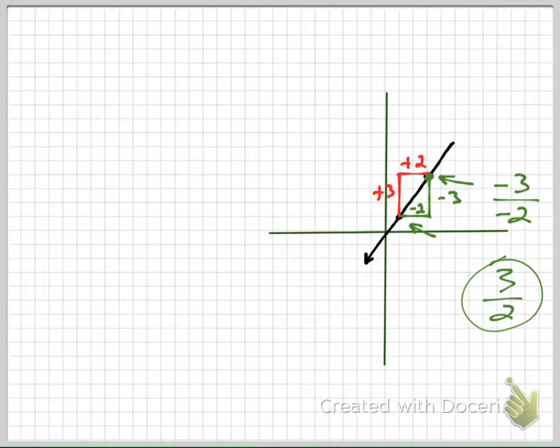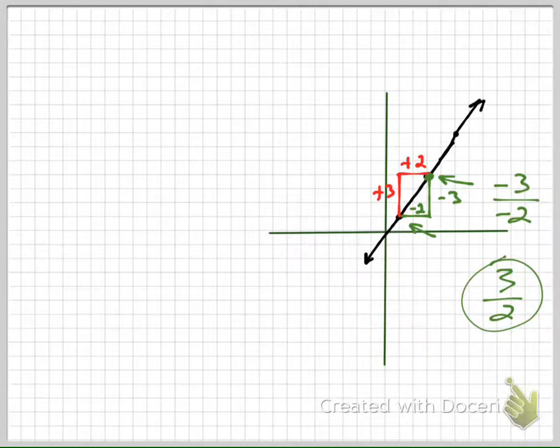This slope right here, this is important. That slope is 3 over 2. I don't care where you are on the line, it's 3 over 2. What happens if on this exact same thing, what if I did this? Okay, that's still on the line.